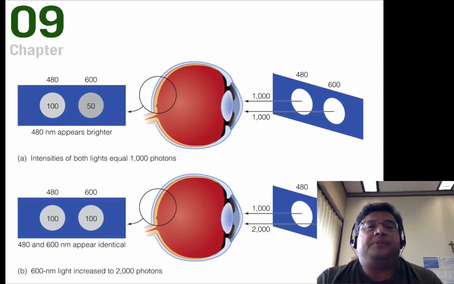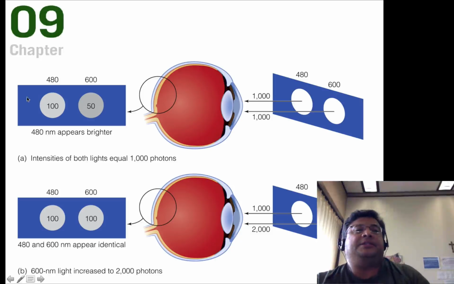So with this receptor type, what's going to happen is that the 480 nanometer light is going to look brighter, because in this example we have isomerized 100 molecules of protein in the cone versus only 50 molecules of protein for the 600 nanometer.